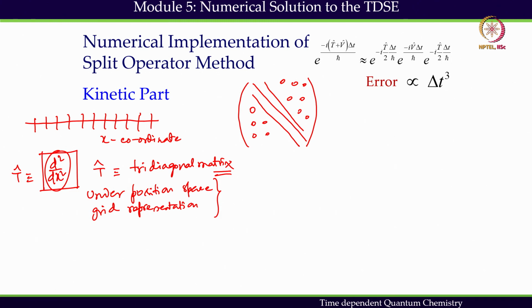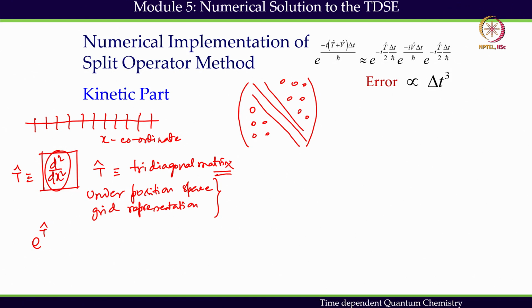And because it is a tri-diagonal matrix, e to the power of t is not a straightforward evaluation. We cannot use the trick which we have used for the diagonal matrix.